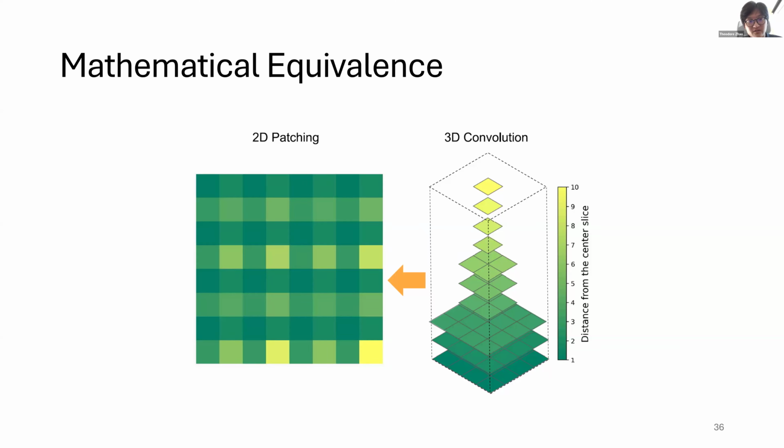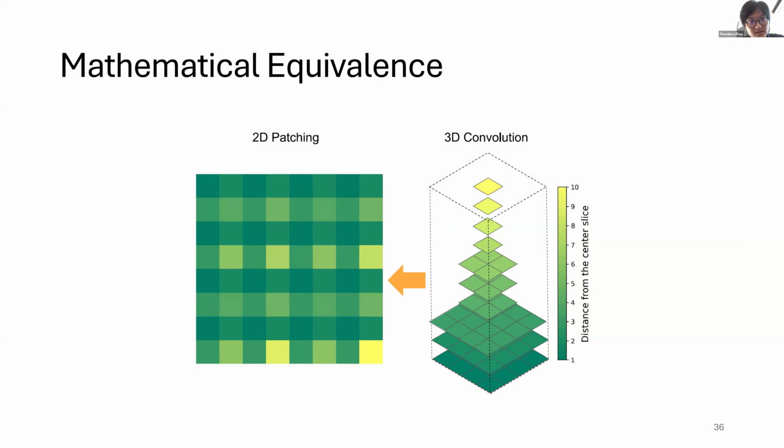So two patches never talk to each other. And the first layer after the patching is always to flatten the pixels in the patch, and then do a linear transformation into the so-called patch embedding.